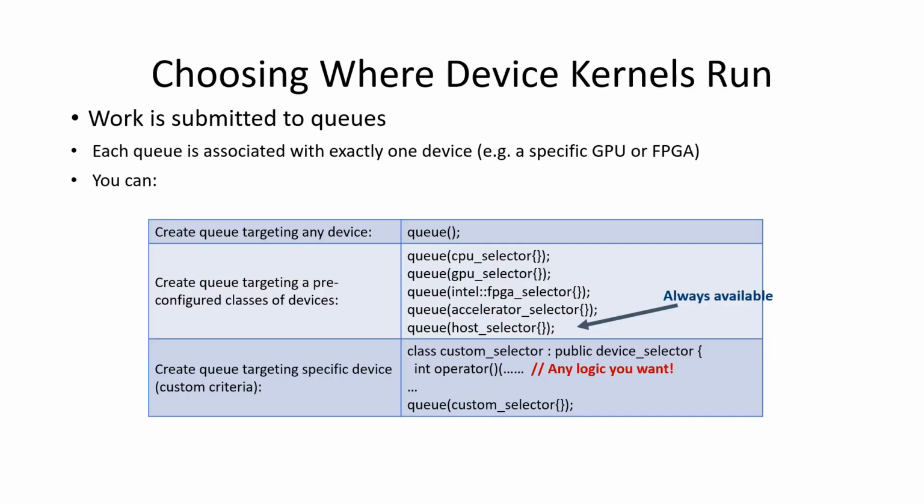So remember it. Well, choosing where the device kernel has to run, to be very precise. I have just conveyed this to you, right? Each queue is associated with a specific device and it can be a GPU, CPU or FPGA. You've got the GPU selector option, you've got the CPU selector option, all these are highlighted here. So you are the person who is going to select where your code has to run and which device your code has to run on.